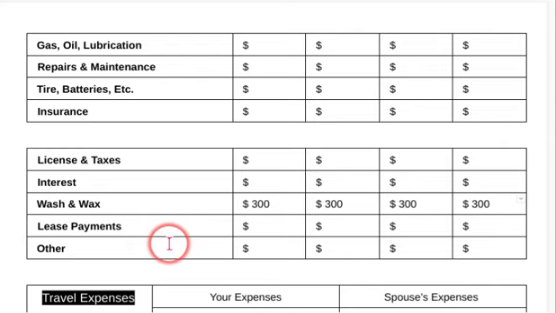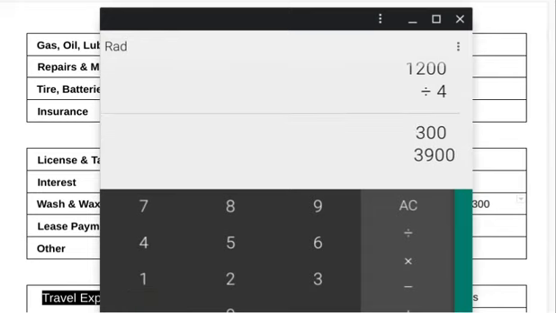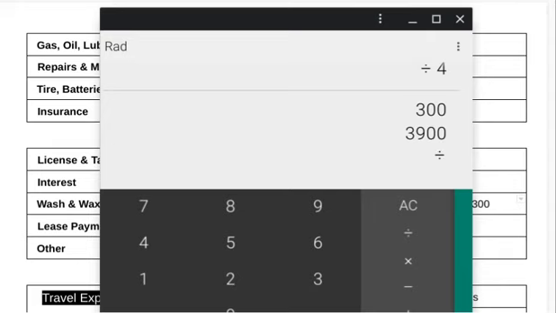Lease payments, right? If you're paying one lease payment for all of your vehicles, so if you're paying like $3,900 for all 4 of your vehicles, again, you're gonna divide that by the 4. You're gonna take the $3,900 times 12, right?